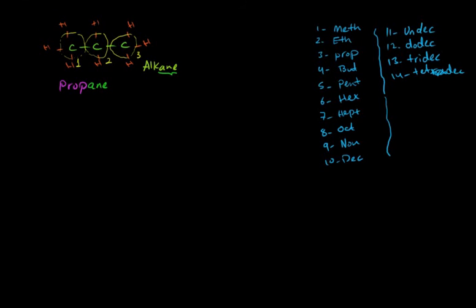Alright, so let's have another example. Let me draw here. But now in this instance, I'm gonna draw the carbon skeleton in another shape. It's called a stick structure. So it will be like this.